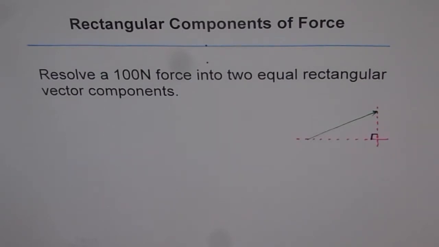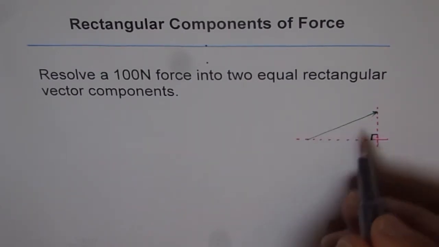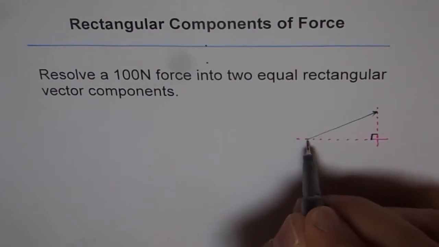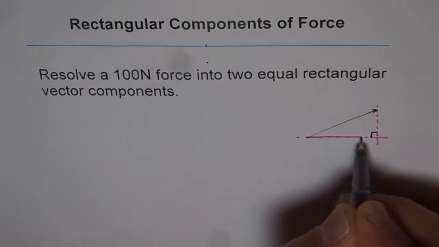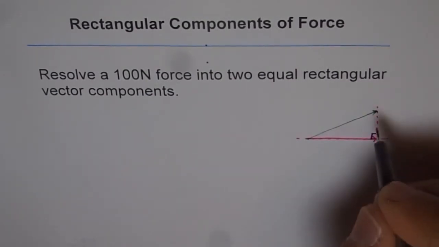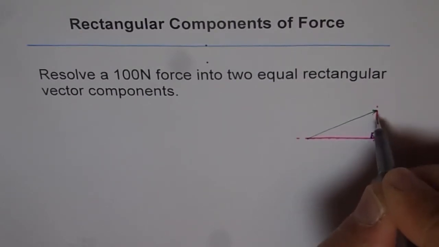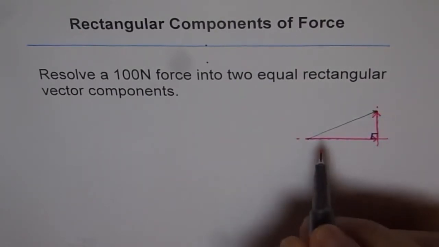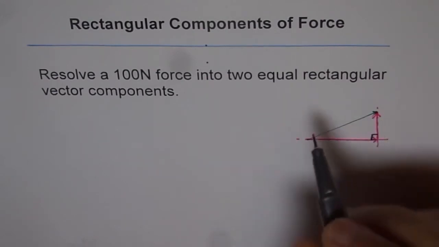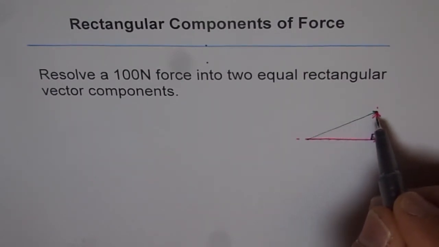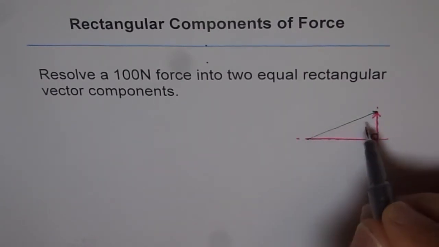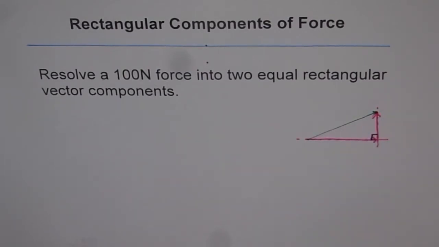Now in this process, we have actually resolved our force into two components. So we have a component along the horizontal and we have a component along the vertical. These are the two components, and when you add them up, you get the original force, right? So both are equal. The two components sum to the original force. So that is the strategy behind it.